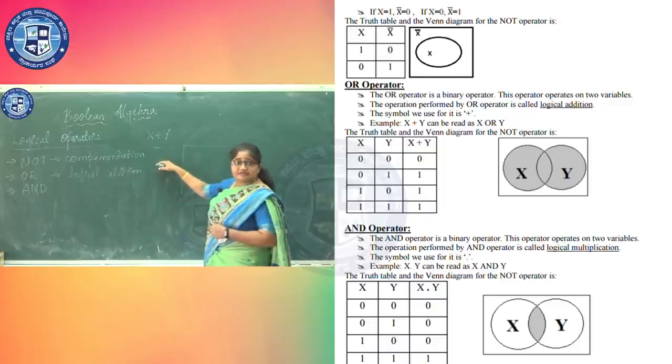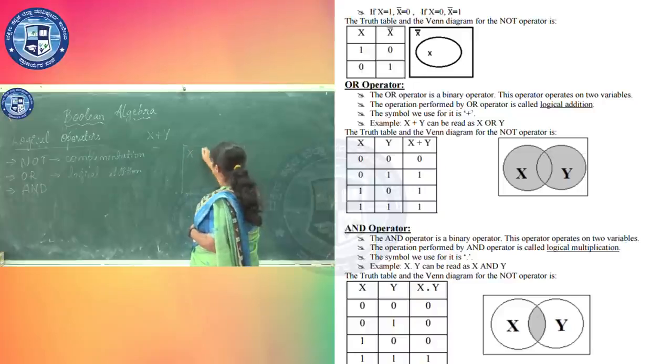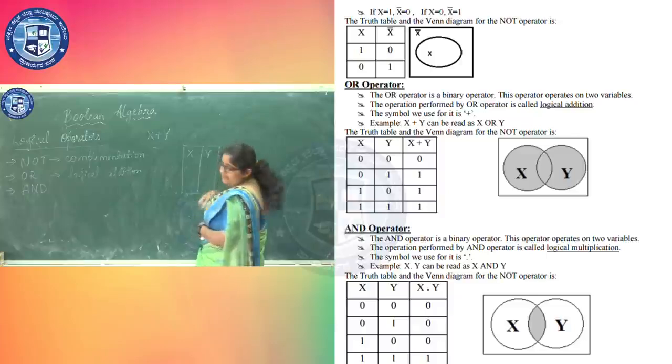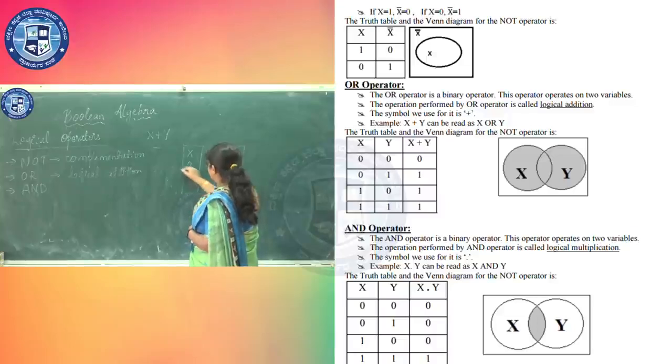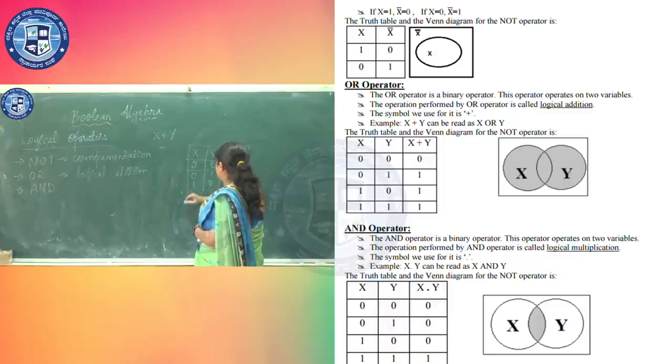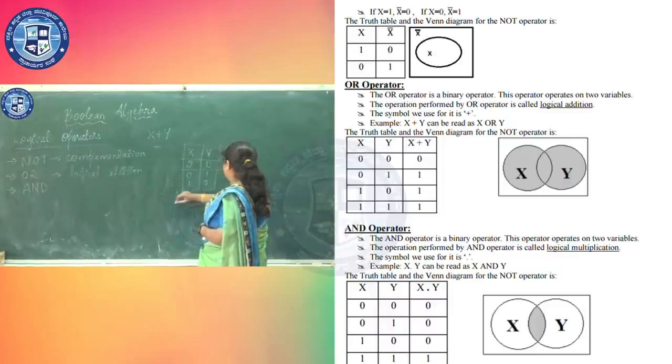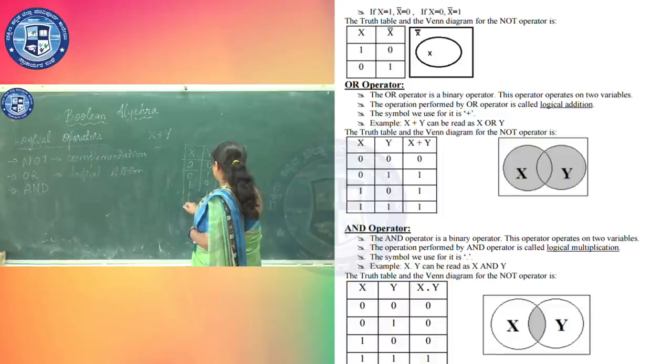Unlike the NOT operator, we will have to have two variables, x and y, and the result of it, x or y. Suppose we take the possible values. The possible values can be 0 0, 0 1, 1 0, and 1 1.